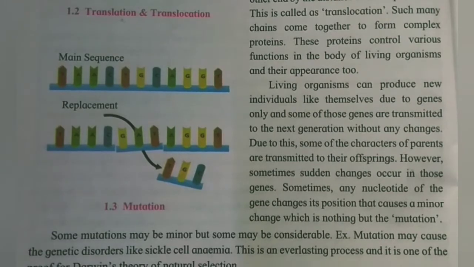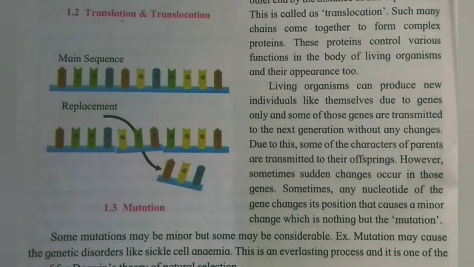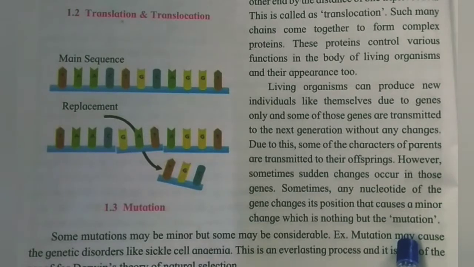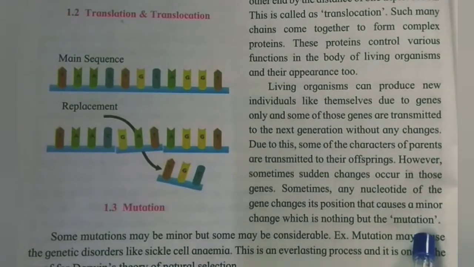Sometimes sudden changes occur in those genes. Sometimes a nucleotide of the gene changes its position, which causes a minor change that is nothing but the mutation. If there is a change in the position of a nucleotide, it is a very minute change, and that causes a mutation in the cell or in the animal.